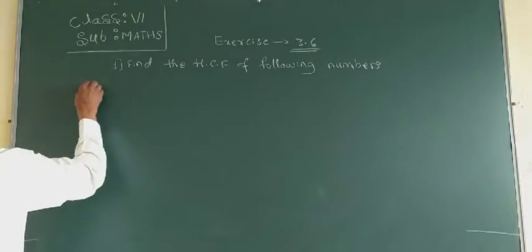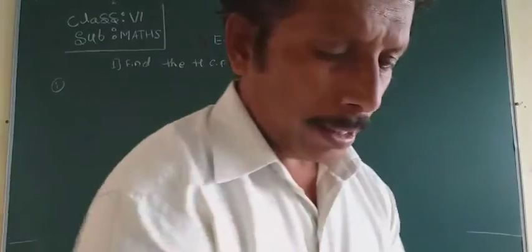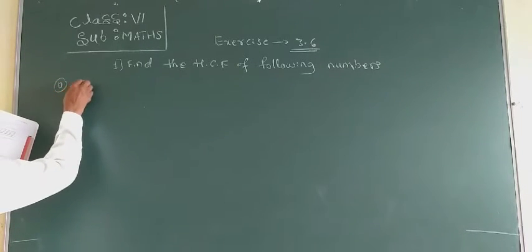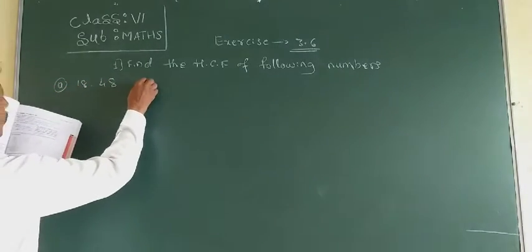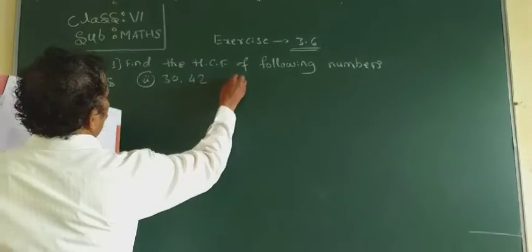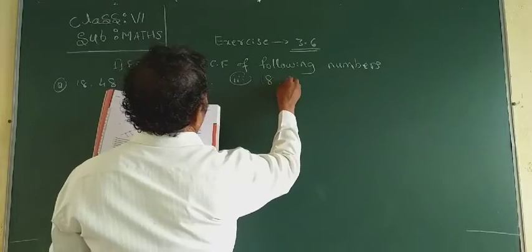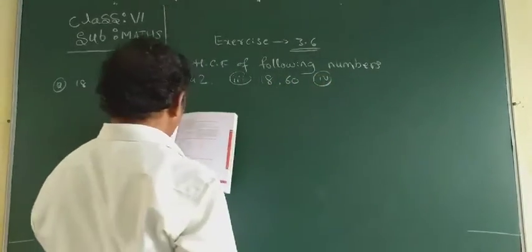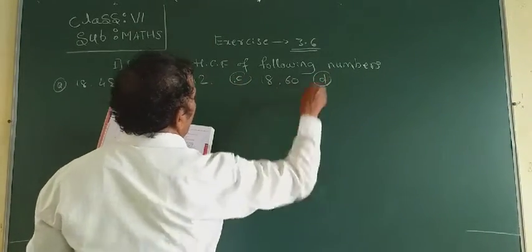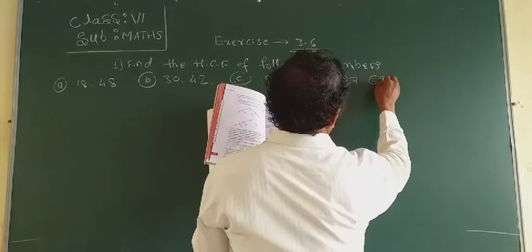First one, A: 18 and 48. Second, B: 30 and 42. Third, C: 18 and 60. D: 27 and 63.